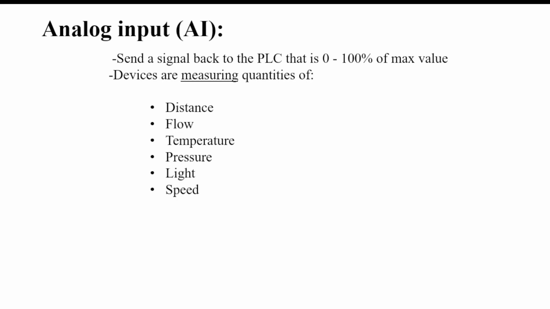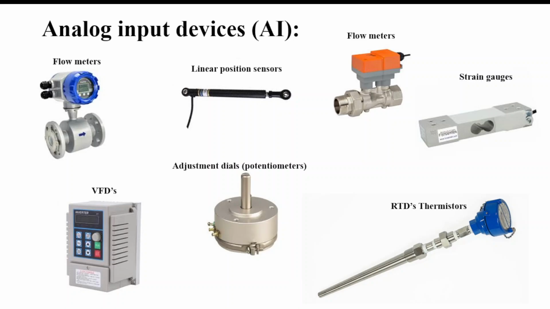These are devices that are usually measuring quantities of distance, flow, temperature, pressure, light, or speed. Examples of these devices could be anything from flow meters to VFDs, adjustable dials, linear position sensors, another type of flow meter, strain gauges, and RTDs and thermistors.